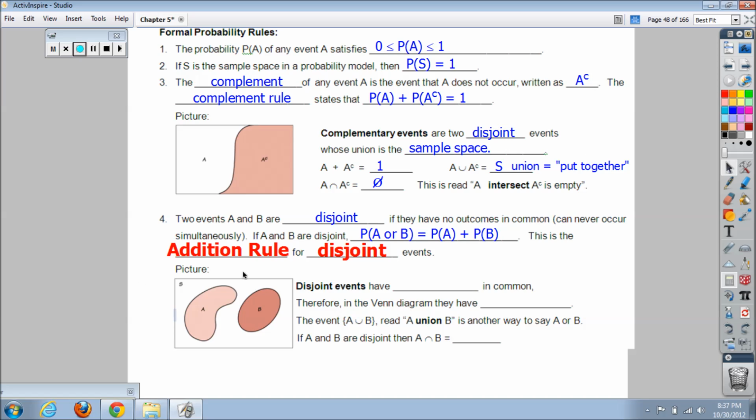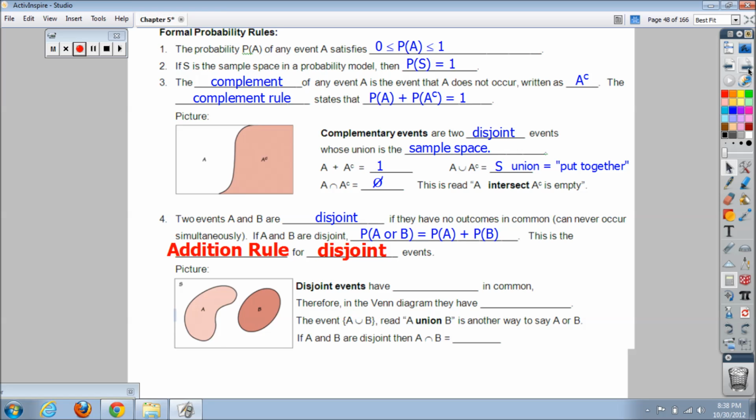If you look at your picture down here, this rectangle represents our S, our sample space. Anything that can happen will happen inside of this rectangle. Here we have A, whatever event A may be. Here is event B. And everything that falls outside of A and outside of B is not A or B, or you could say A or B complement.